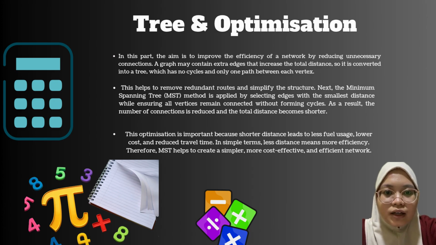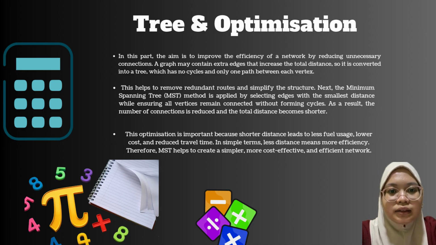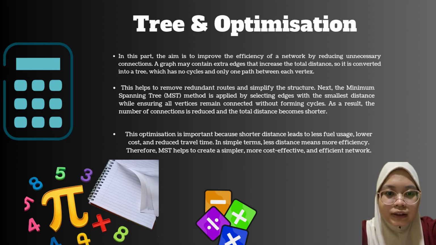As a result, the number of connections is reduced and the total distance becomes shorter. This is important because when the distance is shorter, it uses less fuel, takes less time and reduces cost. So overall, the system becomes more efficient.